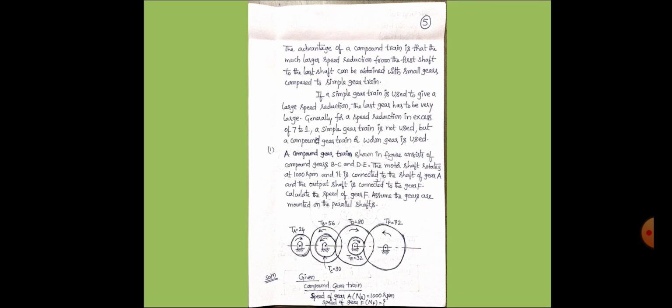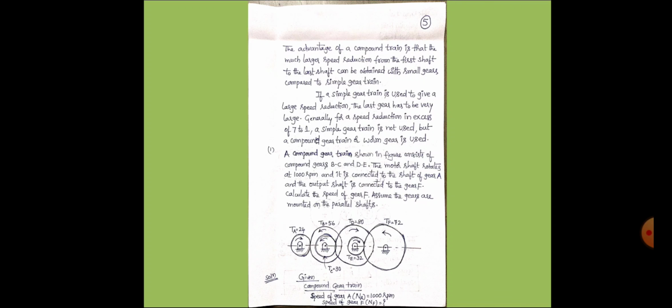Now with the summary that I told, I hope you can now identify from the figure: is it a simple gear train or a compound gear train? Am I correct? Yes, it is a compound gear train. But how many compound gears are there? There are two sets of compound gears. One is BC, another one is DE.